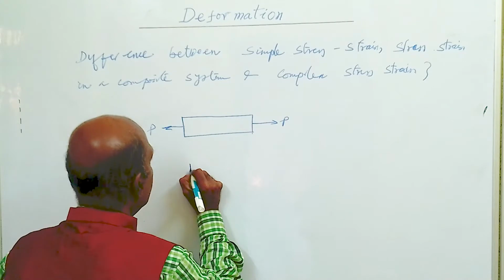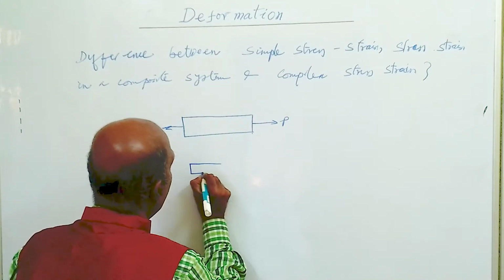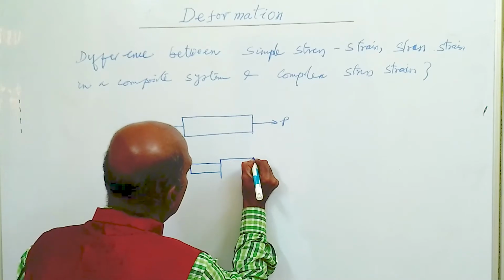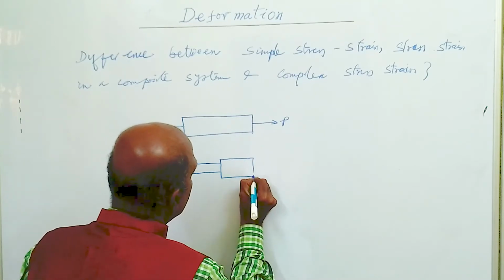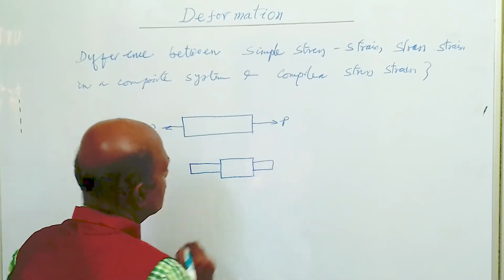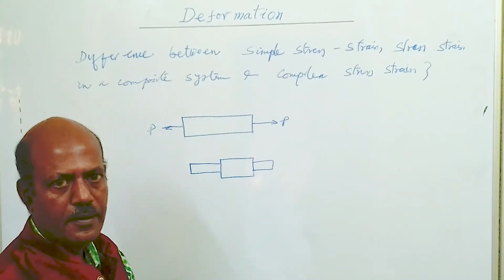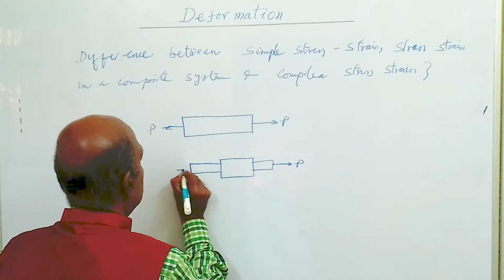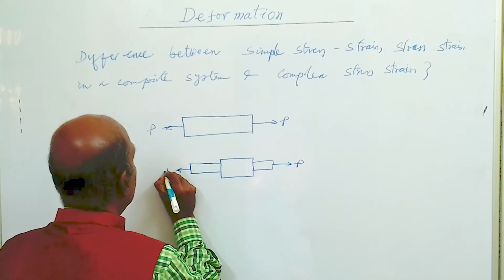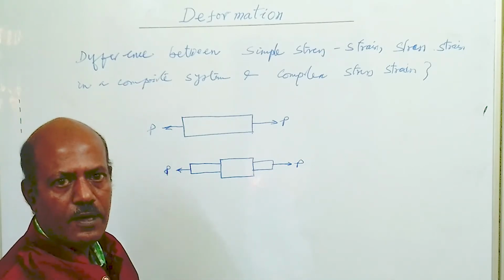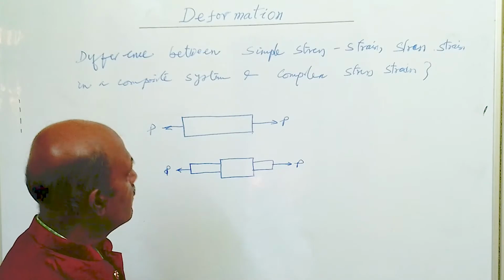Similarly, we have seen also a variable cross section bar. In this, the load applied, say it is P load. Also here the stress or strain developed is also a simple stress strain.